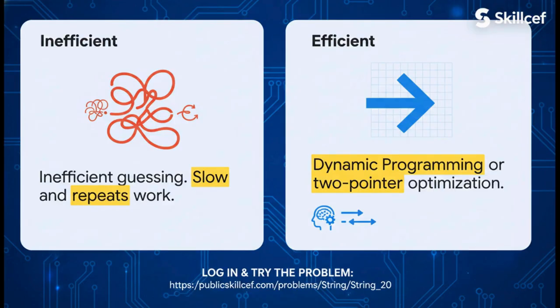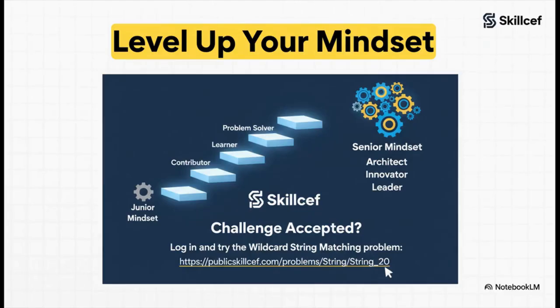We're talking about powerful techniques like dynamic programming, where you basically build a cheat sheet to remember answers you've already figured out, or a really slick two-pointer optimization. Both of these are way, way more efficient because they don't repeat work. And honestly, that's the kind of thinking that separates a junior developer from a senior one. It's not just about getting the code to work. It's about finding the best way to make it work. And that is exactly the level of optimization that top companies are looking for.